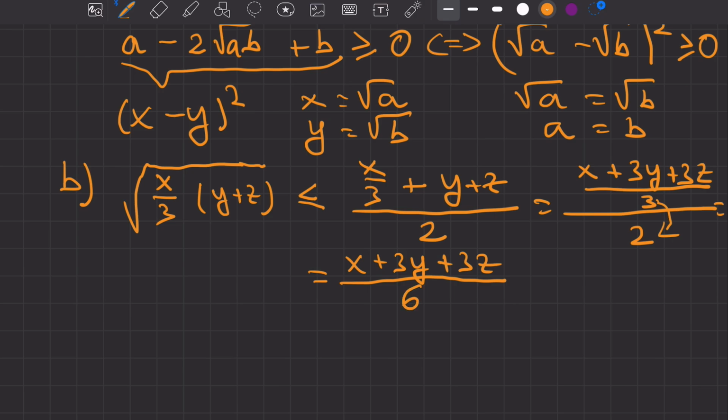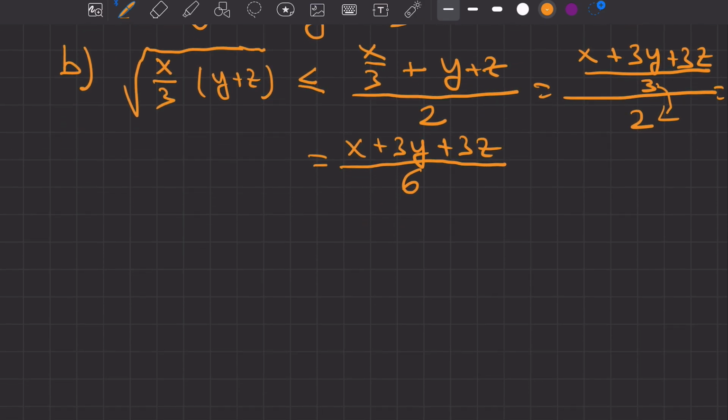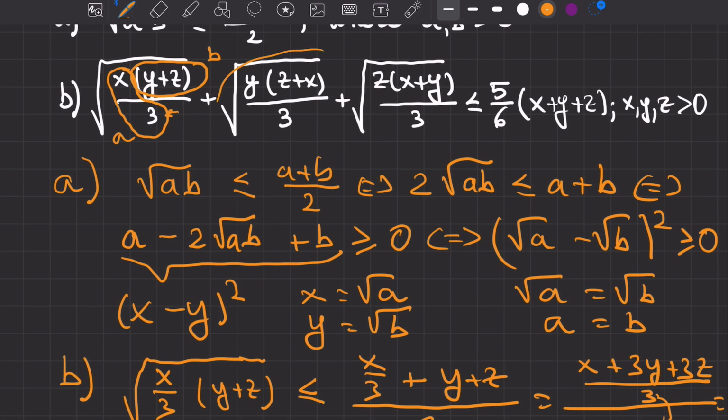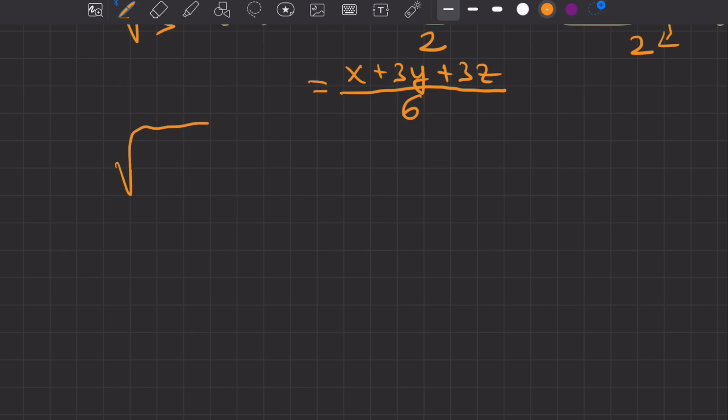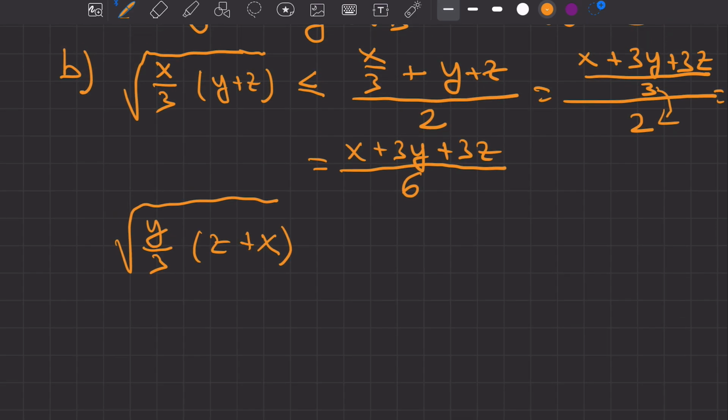And if we do everything the same for the other two, in the same manner, we get that for this second part. Then we apply the same for this one. We get that square root of y over 3 multiplied by z plus x is, let's do the same, y over 3 plus z plus x, everything divided by 2.